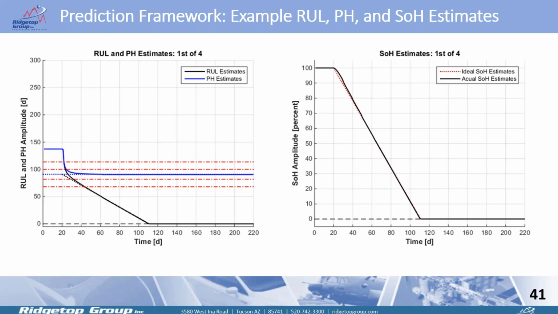This is a plot of an ideal, that's the dotted line, and this is a curve that you would obtain from ideal. Again, on the state of health, even with ideal input, you can see that the state of health estimate is not exactly ideal.